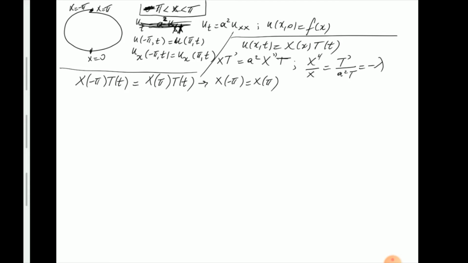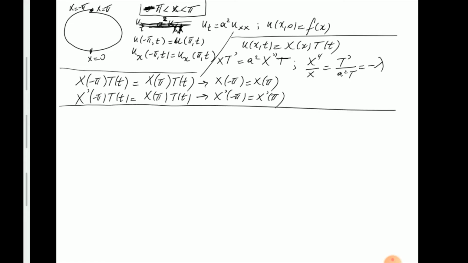Now you do the same for partial x of u, so that means X prime of minus pi big T should be X prime of pi big T, which leads to X prime of minus pi equals X prime of pi. All right, so the equation in T, I'm going to write it here because I'll deal with it a little bit later, is T prime equals minus lambda a squared big T, no other conditions for it.